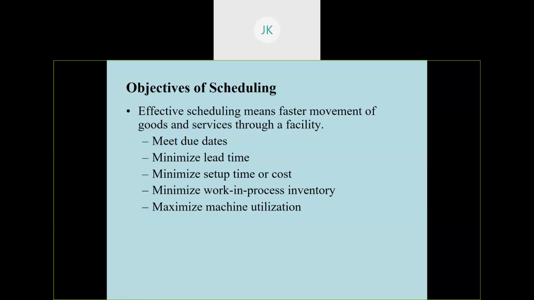So by scheduling well, we can reduce or minimize lead time and setup time or cost too. We can minimize work in process inventory by scheduling, and also maximize machine utilization. So by better scheduling, we can improve machine utilization.